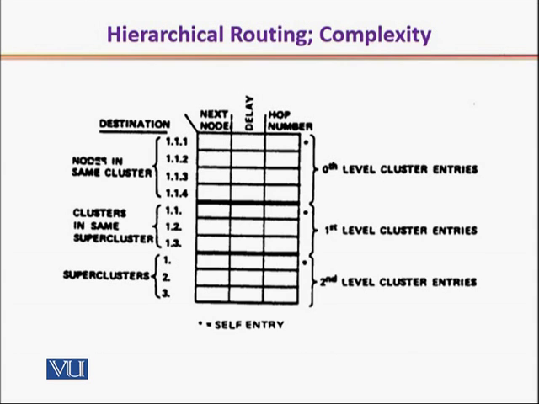For instance, if we refer to the same figure that we have just seen, on the y-axis we have the destinations marked as 1.1.1 to 1.1.4. These belong to the same cluster. Now, the clusters within the same supercluster are represented in the routing table as 1.1, 1.2, and 1.3, and then the superclusters are also enumerated as 1, 2, and 3.